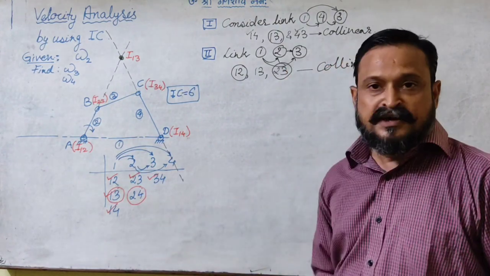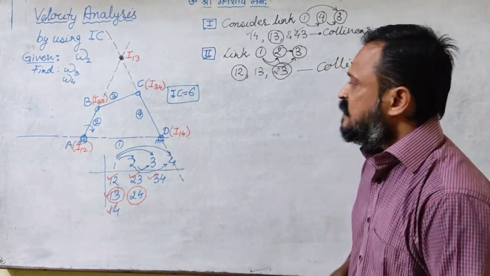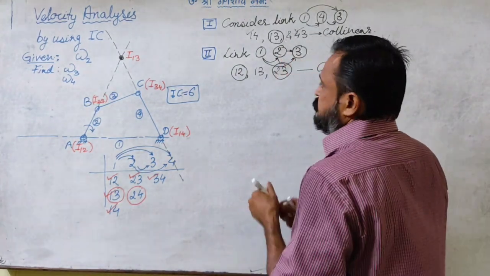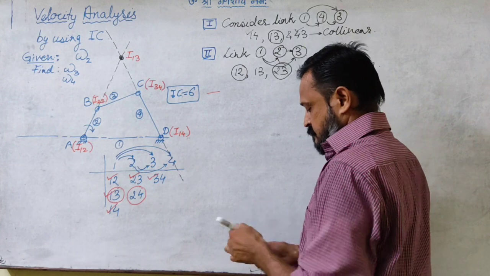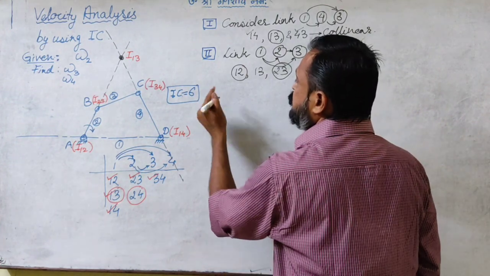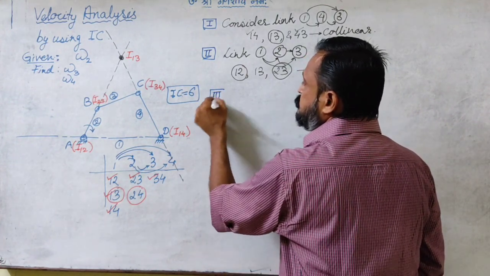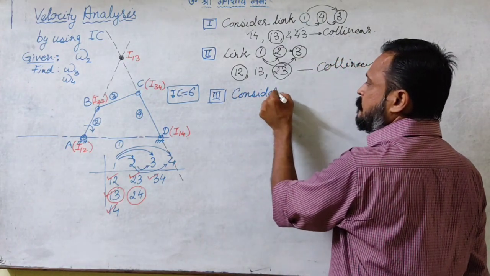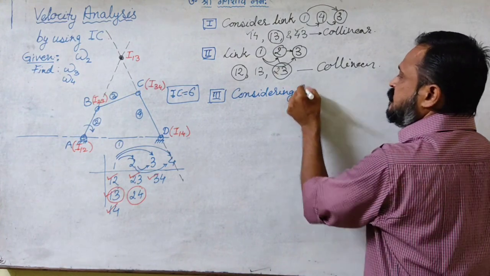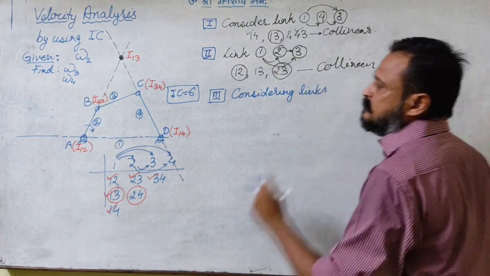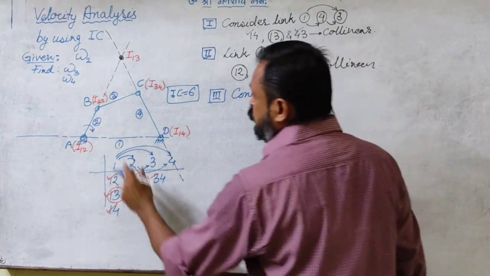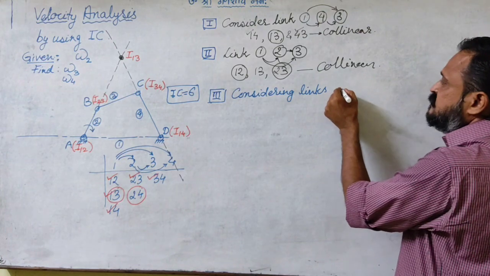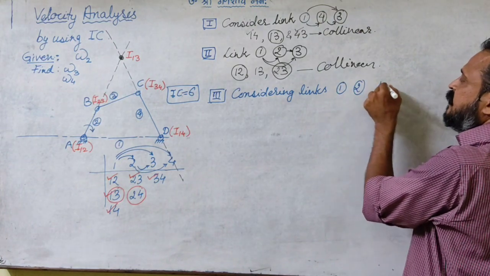Now what is remaining is 2,4. So now I consider the 3 bodies which are in relative motion to each other. Considering the links, now I want 2,4, so 4 has to be included. So we consider the links 1, 2 and 4.